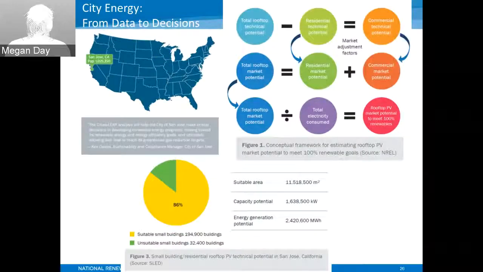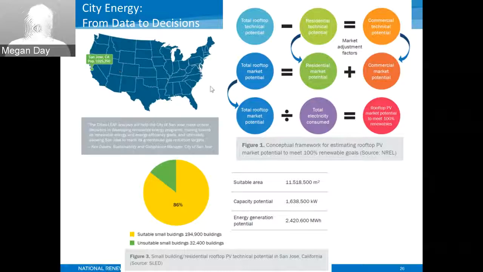This is also some of the graphics pulled from the San Jose Energy Data to Decision-Making series. And here they were wondering, okay, what kind of rooftop potential do we have for PV generation? And how might that apply to our 100% renewable electricity goal that they have in the city?